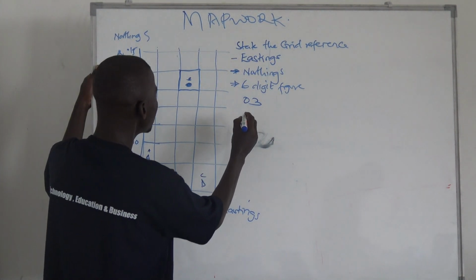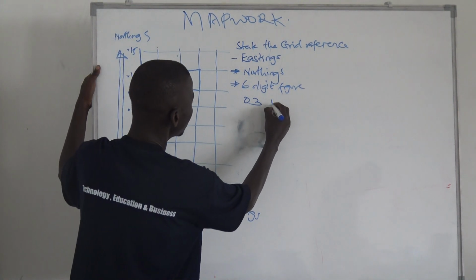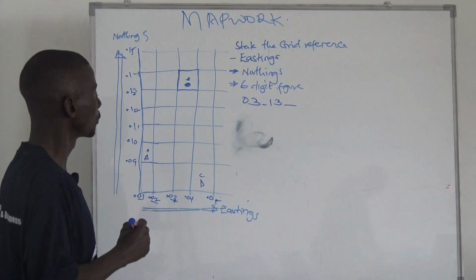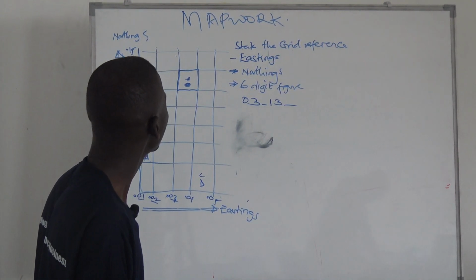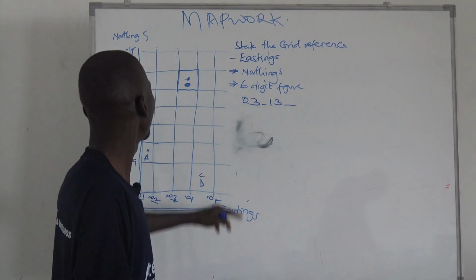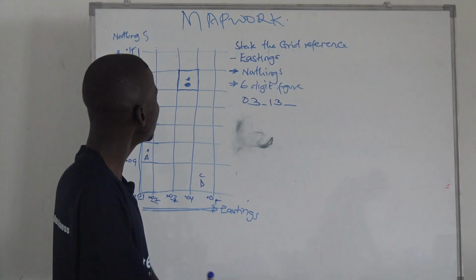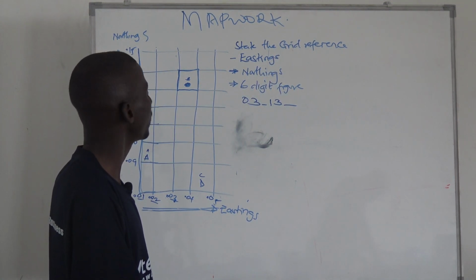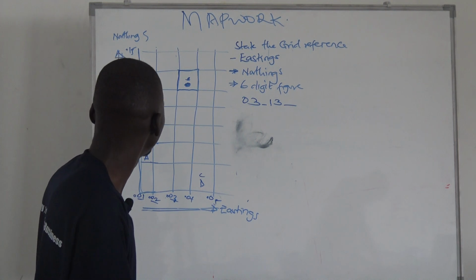Then its northings is 1, 3. But I told you we should have 6 digits. So far we have 4. The 0, 3 is eastings. The 1, 3 is northings. Where do I get the two other numbers to make it a 6-figure digit?